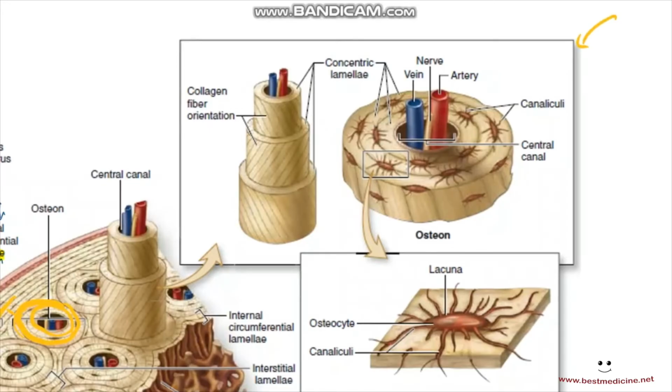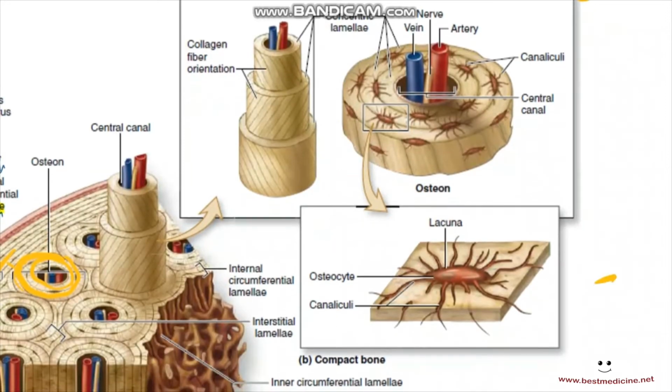So we've taken a portion of an osteon, and I'm going to show you in detail what it looks like. But before that, I want to review the osteocyte in this image. We said that the osteocyte is the major cell type present inside the bone matrix, inside its own lacunae, and it has canaliculi, small canals connecting it to other osteocytes, right?